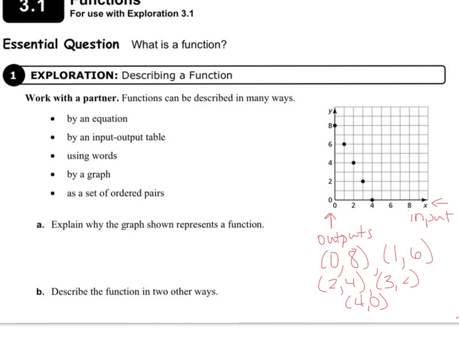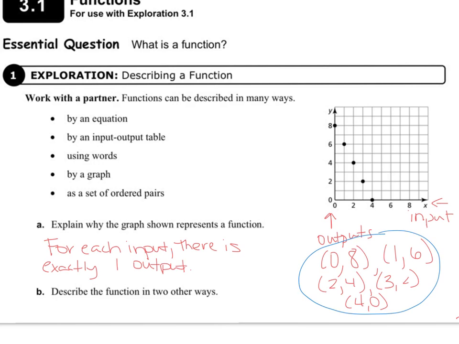So that is why the graph represents a function. For each input, there is exactly one output. So in B, when it wants us to describe the function in two other ways, I kind of already did that.